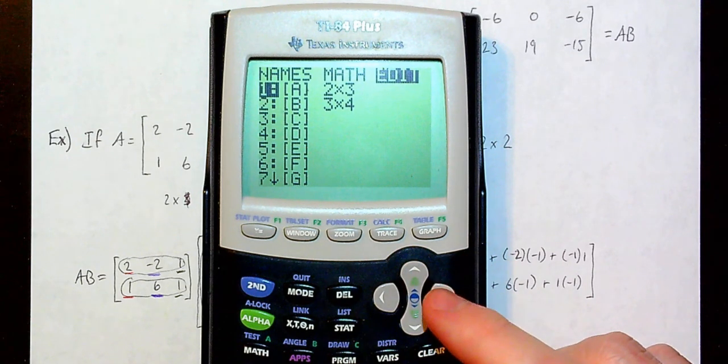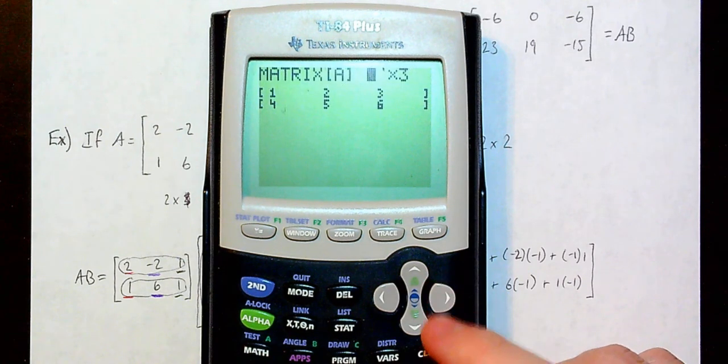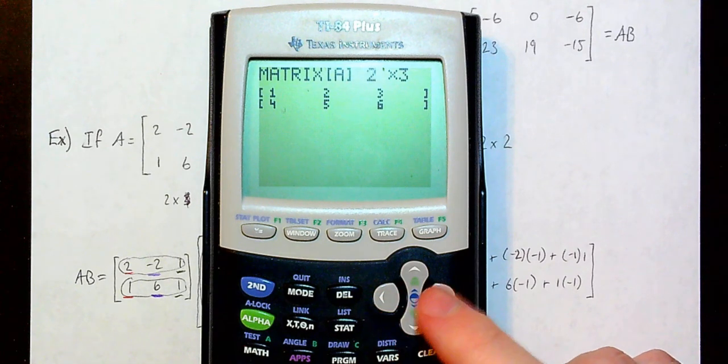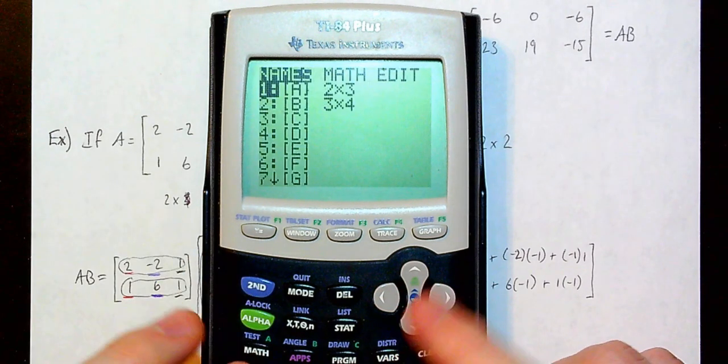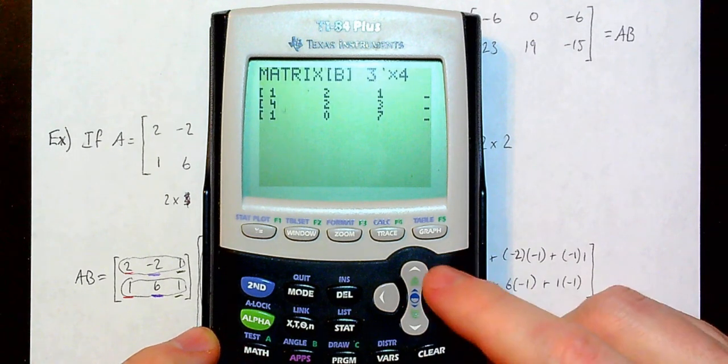I have preloaded some matrices into these 2 slots. I've made a 2x3 matrix, which has the elements 1, 2, 3, 4, 5, 6. And then the matrix B is a 3x4 matrix.